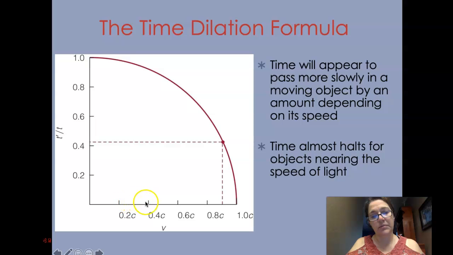As we move closer to the speed of light, at half the speed of light, 1 second will take nearly a second, 9/10ish. But if we move up here to 9/10 of the speed of light, 1 second will take less than half a second. At 99% of the speed of light, 1 second has been significantly reduced. So as we get close to the speed of light, for objects moving close to the speed of light, time nearly stops for them.